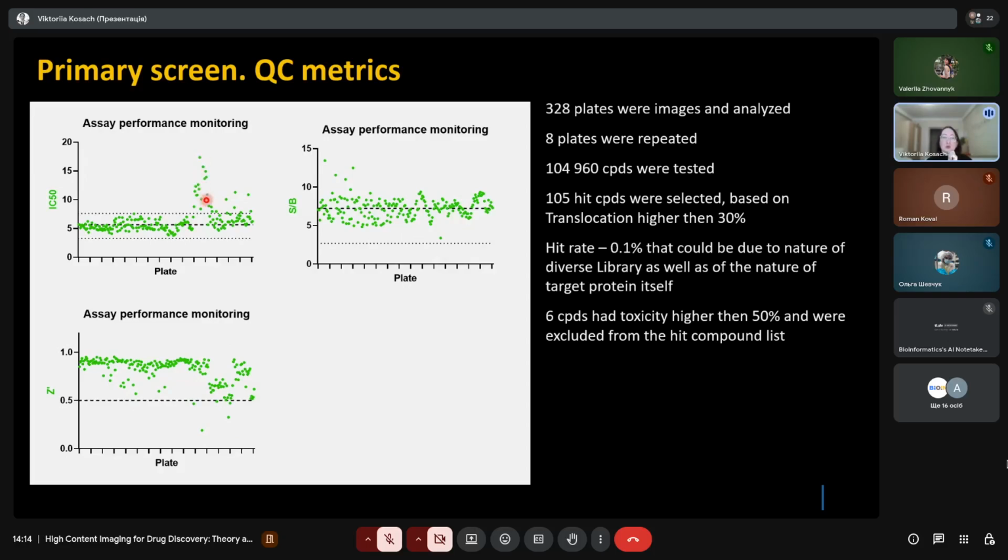So we had to repeat, to redo these plates. And actually together with the team, we had two thoughts on what went wrong, and we still do not know which of these two it was. First, when something like that happens and you see the IC50 change, you could think that something happened with the cells, because the cells started to answer differently to your control compound, your reference compound.